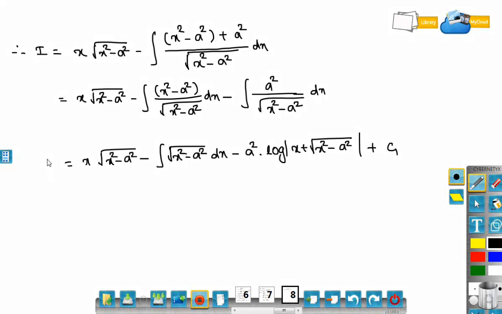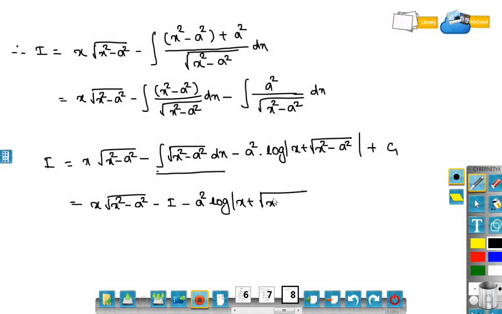On the left hand side is I, and on the right side also this is I. So x under root x square minus a square, this one is I, minus further a square into log of mod of x plus under root of x square minus a square plus C1.